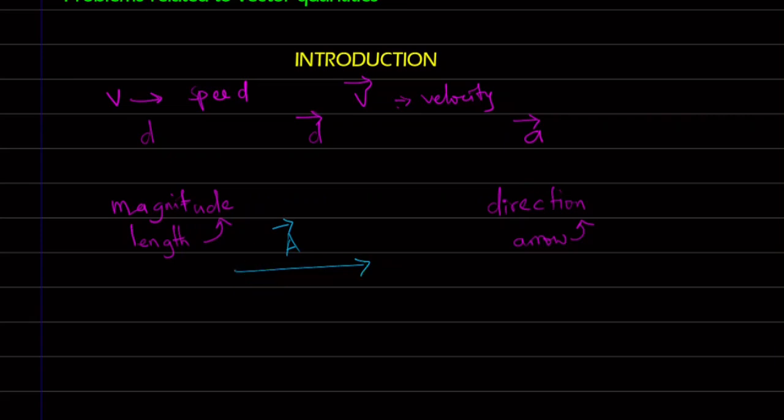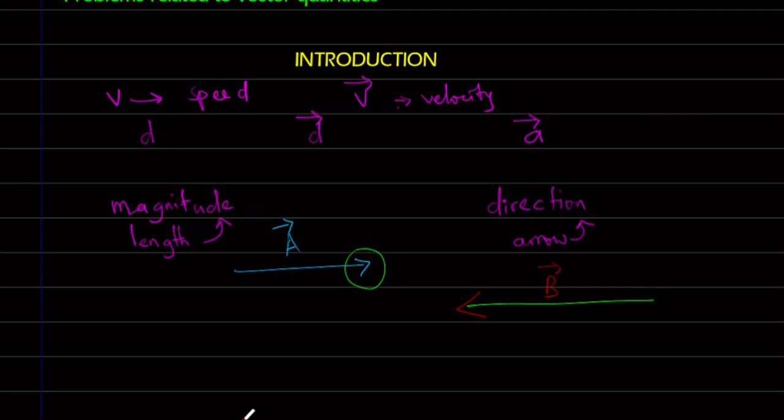Then the direction is represented by the arrow. Another example is this. This is not yet a vector until we put an arrow. Now we can call it vector B. So a vector will surely have magnitude, which is represented by a straight line. Then the direction is represented by an arrow.